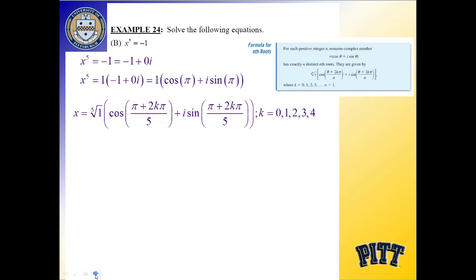Again, where k equals 0, 1, 2, 3, and 4. So that's what's going to give me the 5 solutions here. So now I start using this formula and I generate the answer.